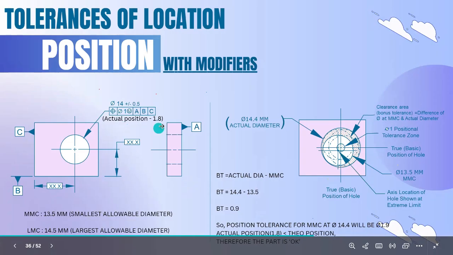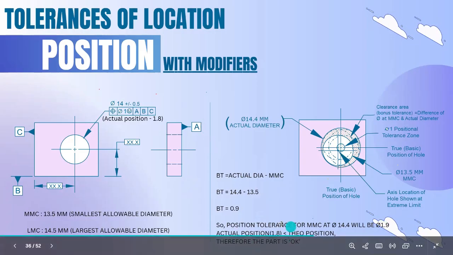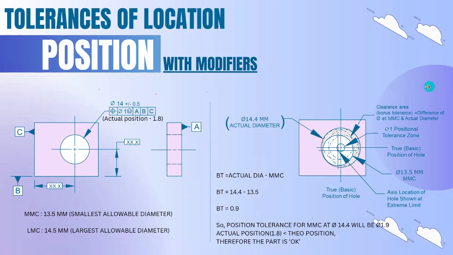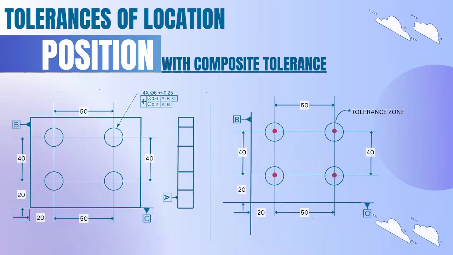The actual position is 1.8, and the theoretical position for the MMC condition is 1.9, so it is lesser. Therefore, the part will assemble easily, so the part is okay in maximum material condition. Same if they give LMC, we're going to take the LMC value. That will be the difference.